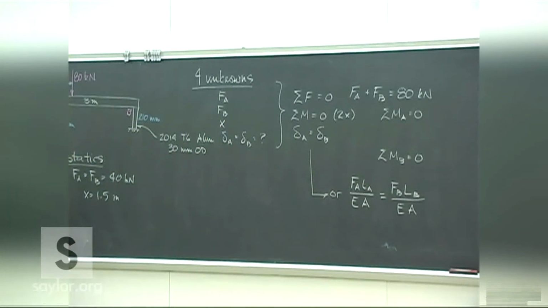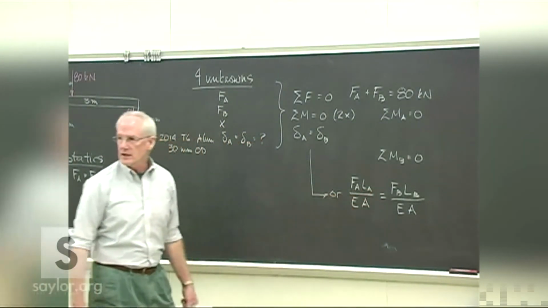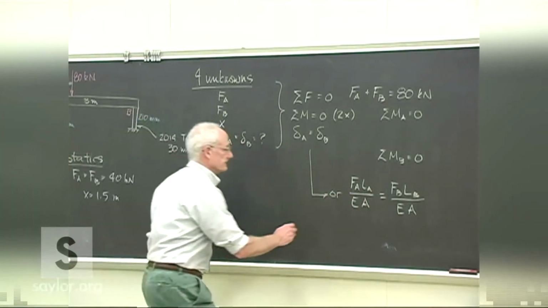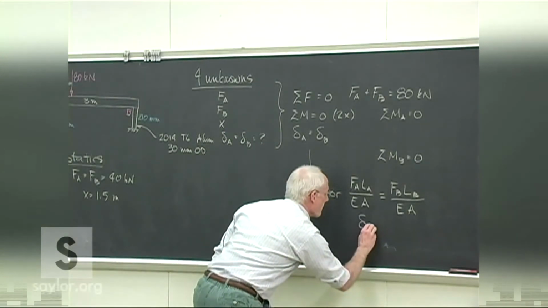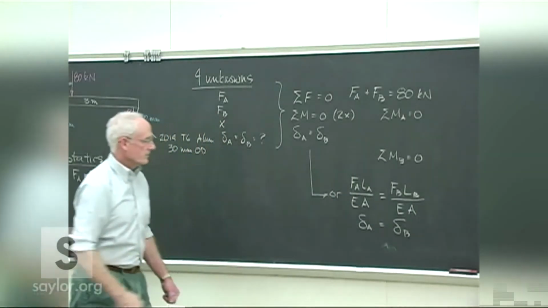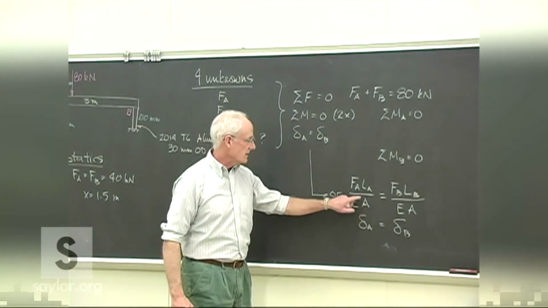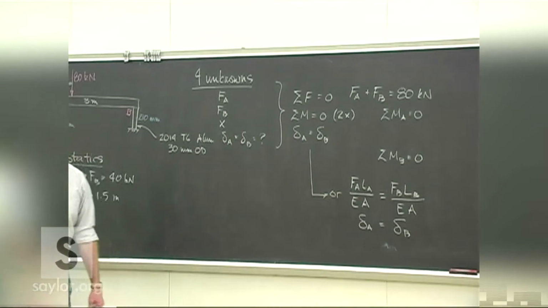Since they both have the same cross-sectional area, we don't need a subscript on that. For each of the 2 deformations, we know from our definition of E, stress over strain, that we can then solve for the deformation as those.